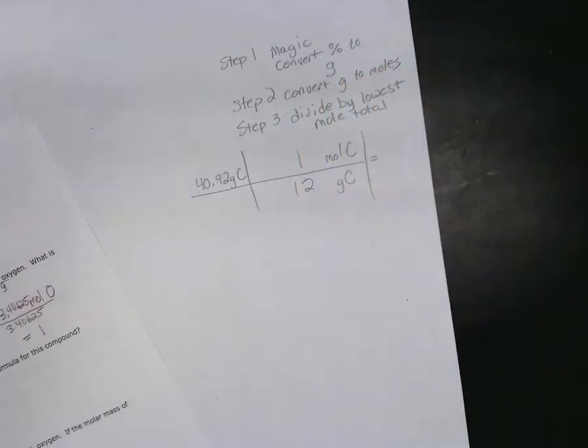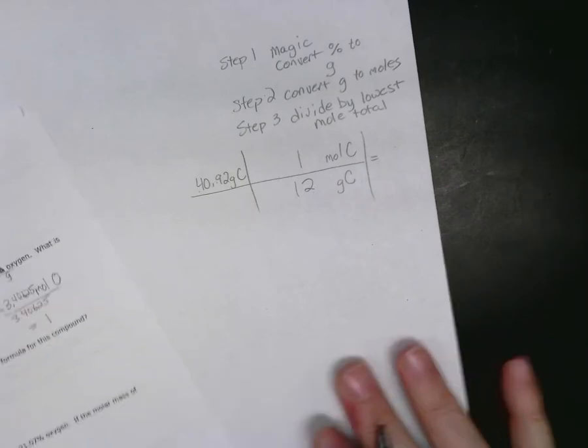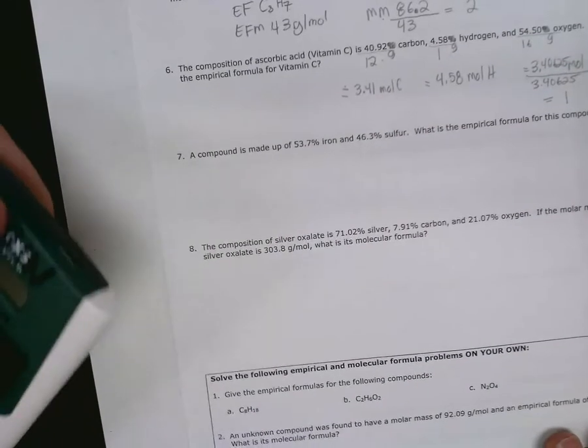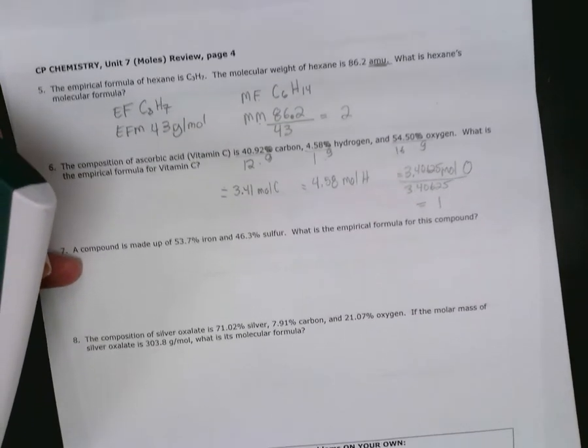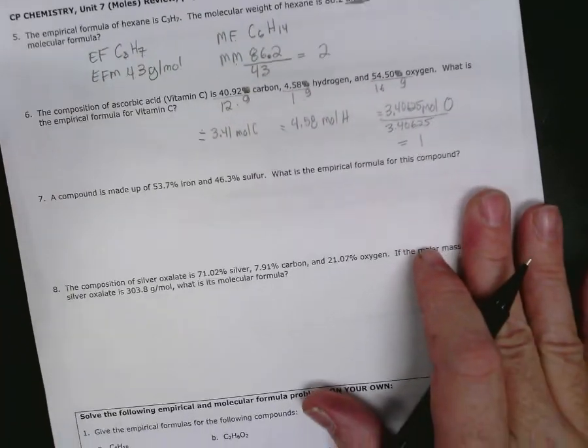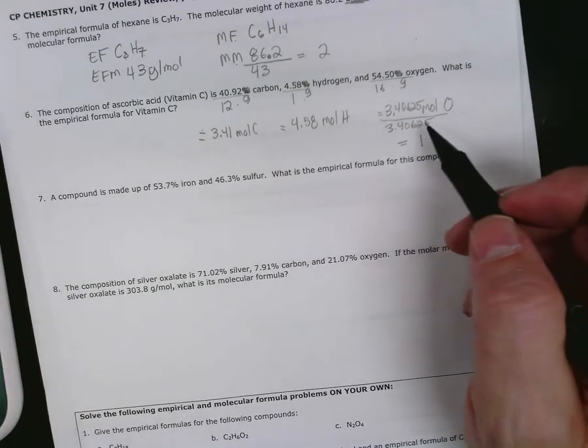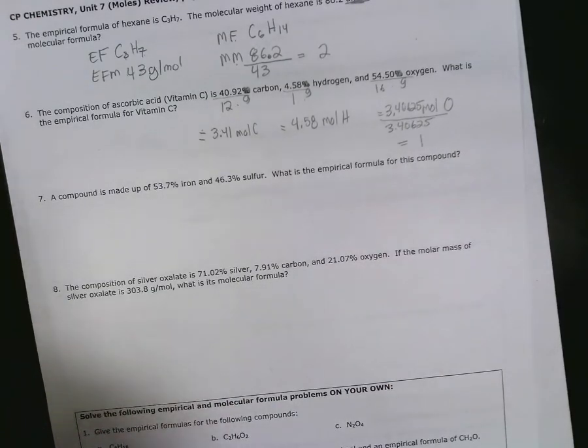And then there might be one extra step. There might not. Let's just see. Okay, so let's just push this right up here. Okay, so that's 4.58 divided by 3.40625.